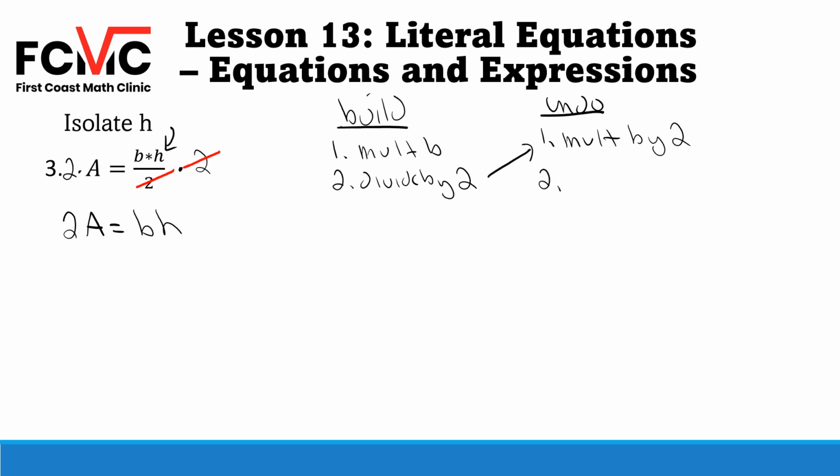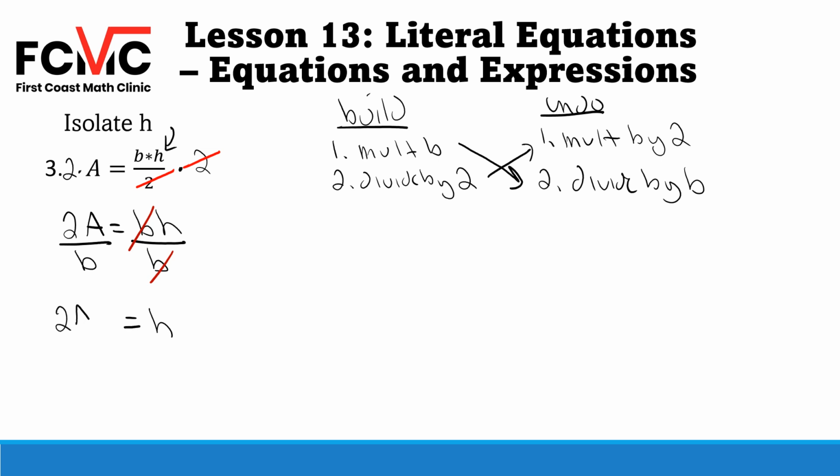My next step, let's undo multiplying by b and divide by b. So divide by b, divide by b. So b cancels out on the right side. We're left with h equals 2a divided by b.